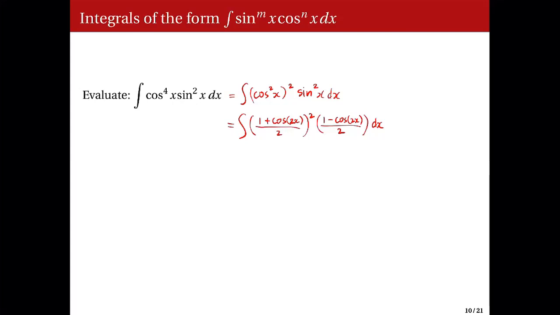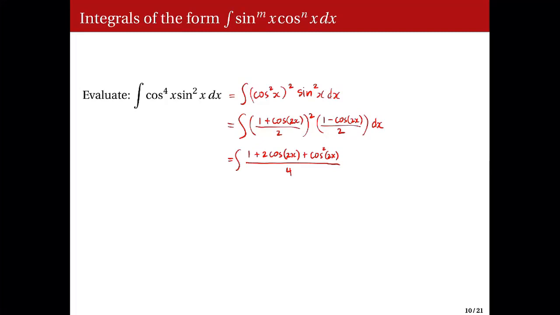So from here, all we need to do is to expand this product. Okay. So for this guy, we will have 1 plus 2 cosine 2x plus cosine squared 2x all over 4.